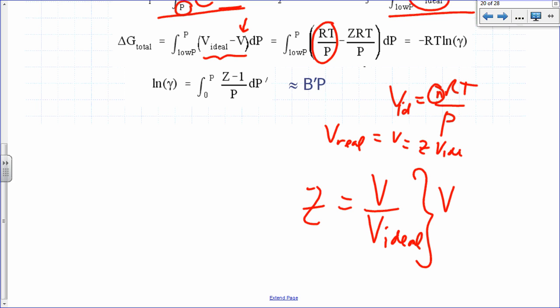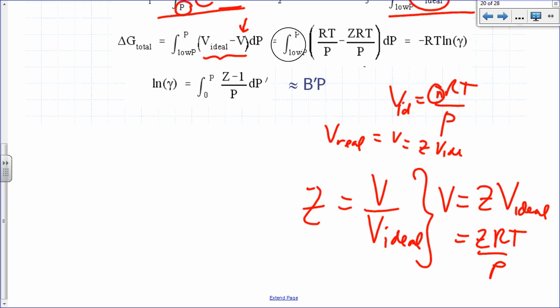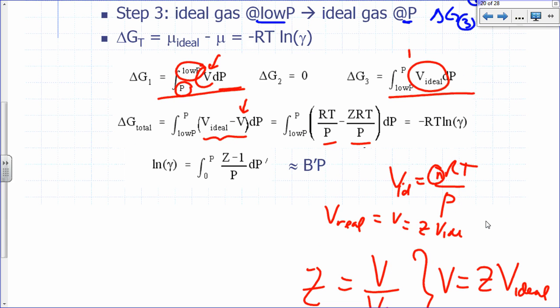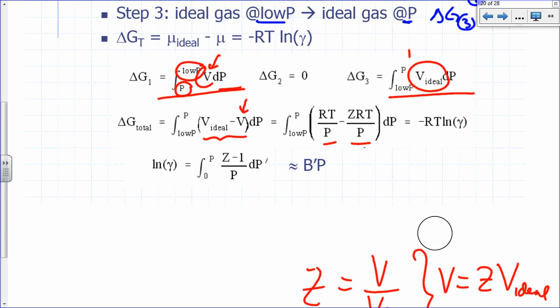So the real volume is the compression factor Z times V ideal, or Z RT over P. So what we have here is RT over P. So this is V ideal minus V real dP. And that, we say, is going to be equal to negative RT ln gamma.